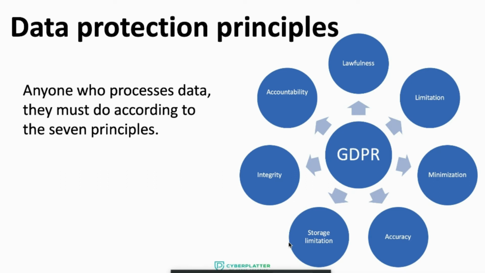Data controllers must store the data only as long as necessary. Integrity and confidentiality. Data processing must be done in such a way as to ensure appropriate security, integrity, and confidentiality. Accountability. The data controller must be able to demonstrate compliance with all of these principles.